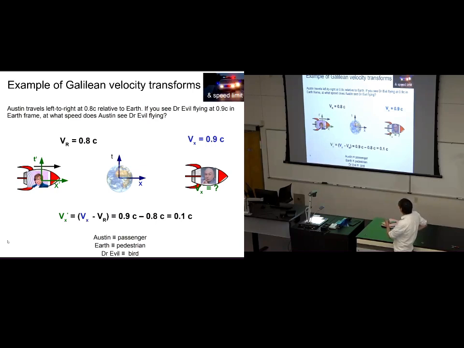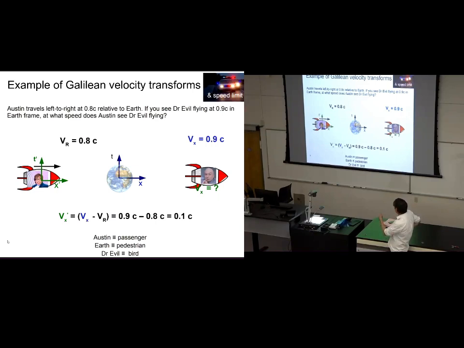So again, remember, Earth is pedestrian, Austin Powers is truck, and Dr. Evil is the birdie. So it's the same problem that I wrote on the previous slides. This is the classical transformation: the speed that Austin Powers sees is the speed that the Earthlings see, subtracted from that is the relative speed of Austin Powers' reference frame and the Earth reference frame.